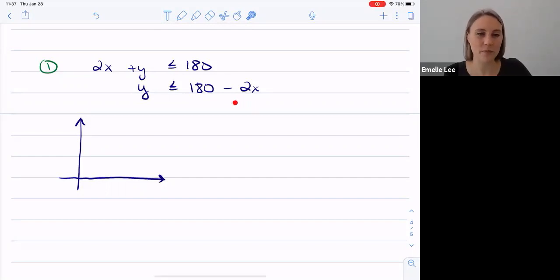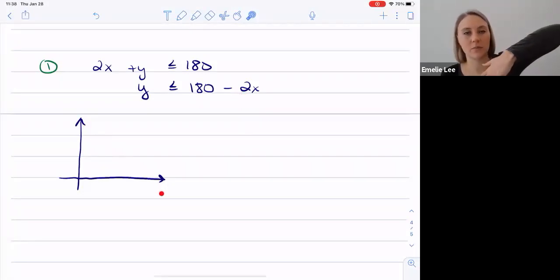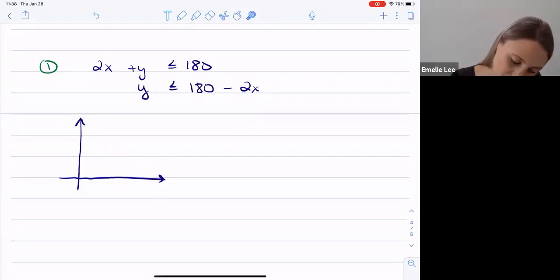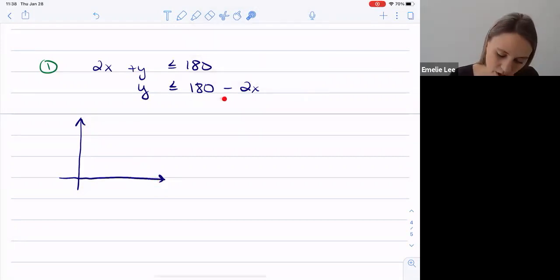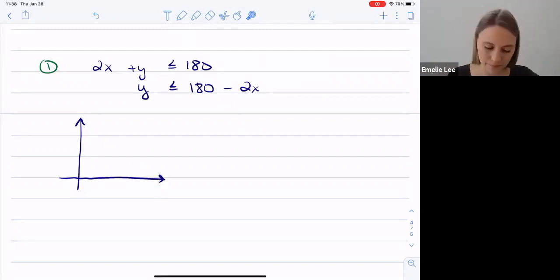I've got a negative slope here, so I already know this is going to go down like this. So I'm going to draw y equals 180 minus 2x, and then I just have to remember that the area I'm interested in is everything below that line.